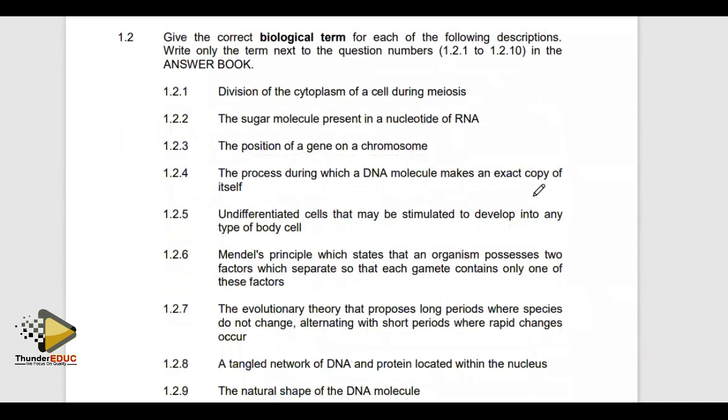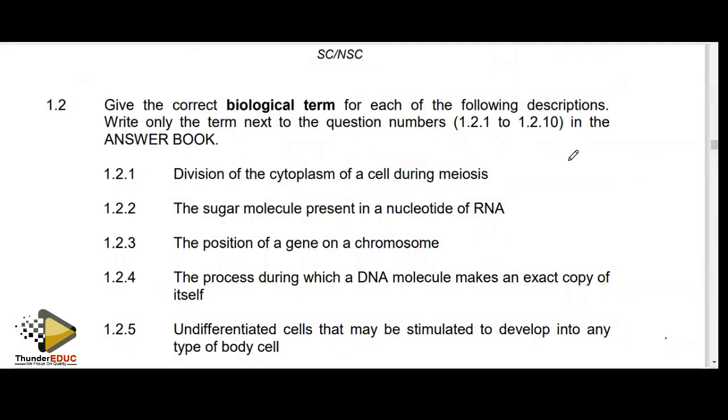So now we're going to go to question 1.2, and this is related to the terminologies, which are biological terms. Here it says the division of the cytoplasm. We are supposed to get these answers from our booklet.